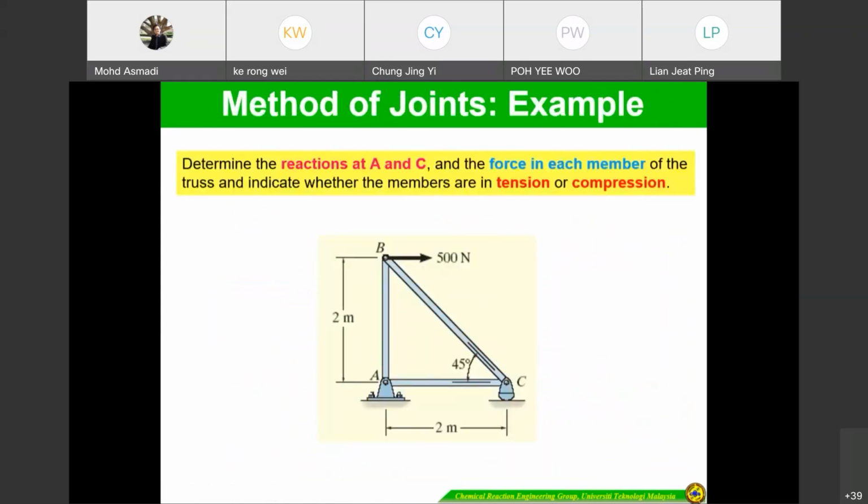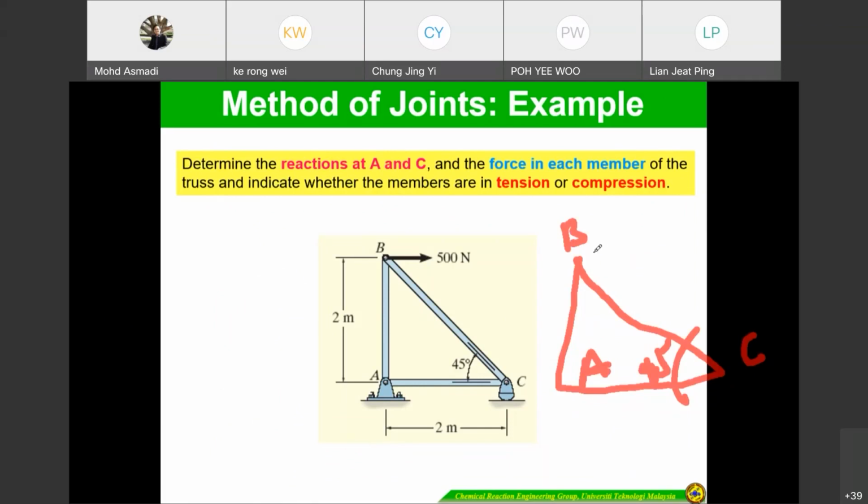If we want to draw the free body diagram, you just draw it: point A, point B, and point C, with 45 degrees.